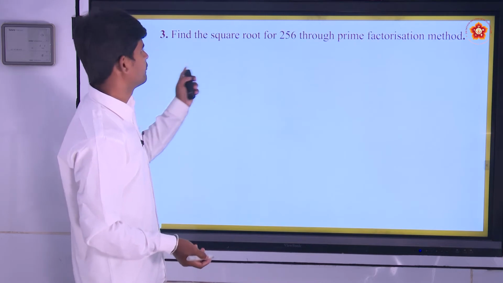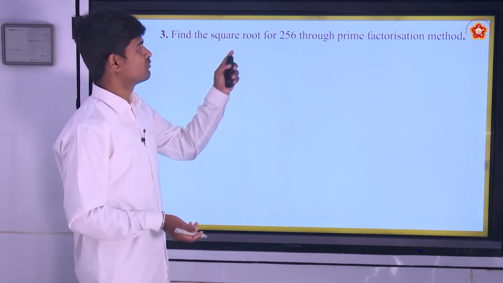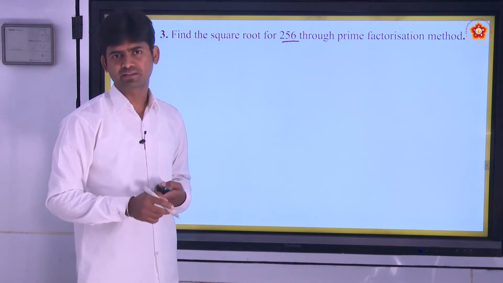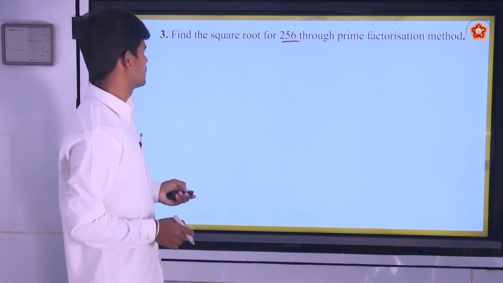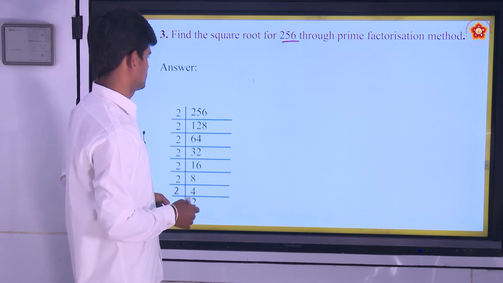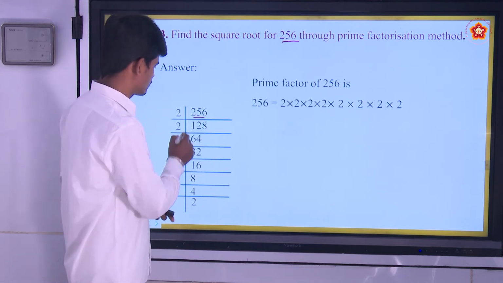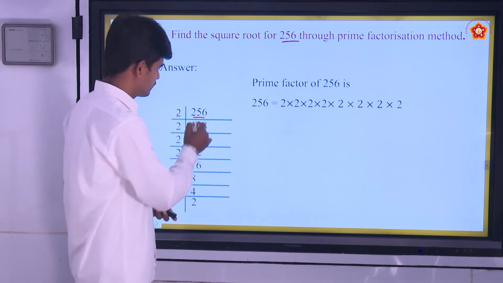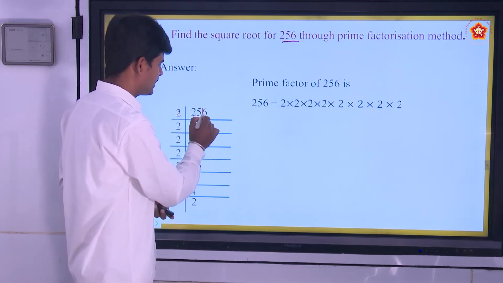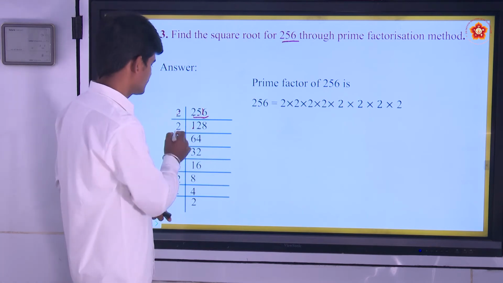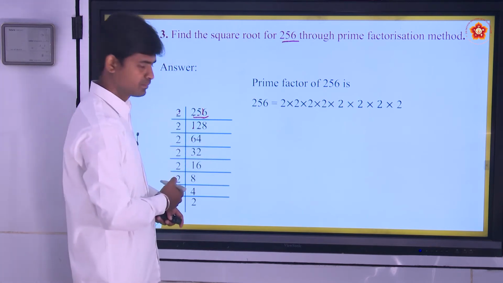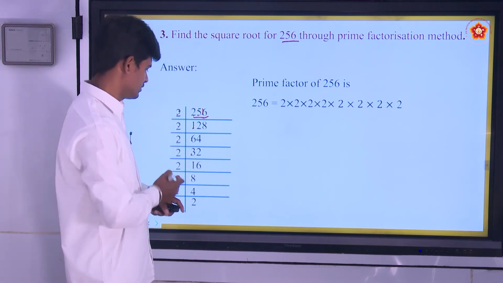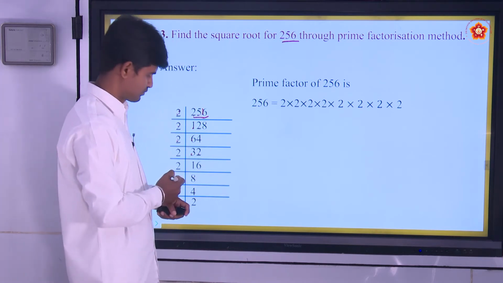Next, find the square root of 256 through the prime factorization method. Answer: 256, 2 1s are 2, 2 2s are 4, 2 8s are 16, 2 6s are 12, 2 4s are 8, 2 3s are 6, 2 2s are 4.